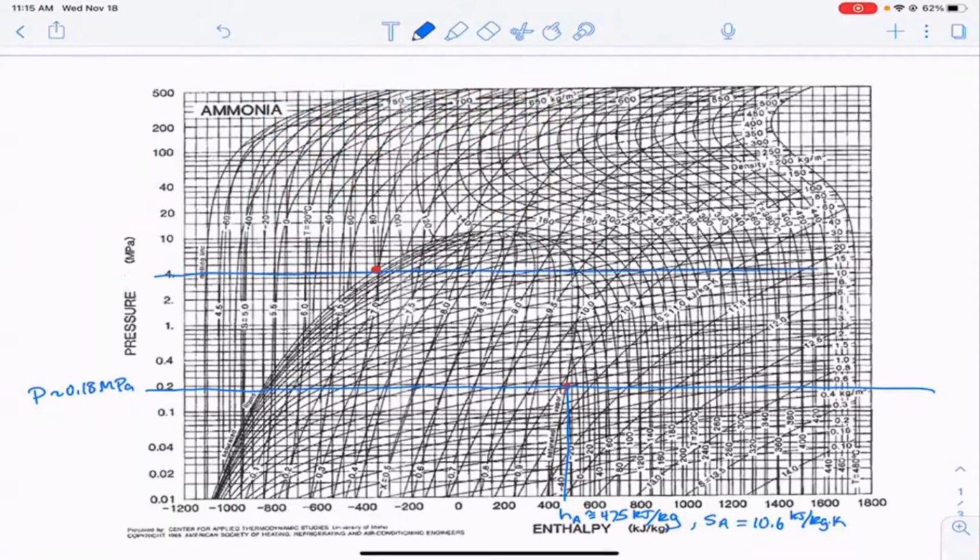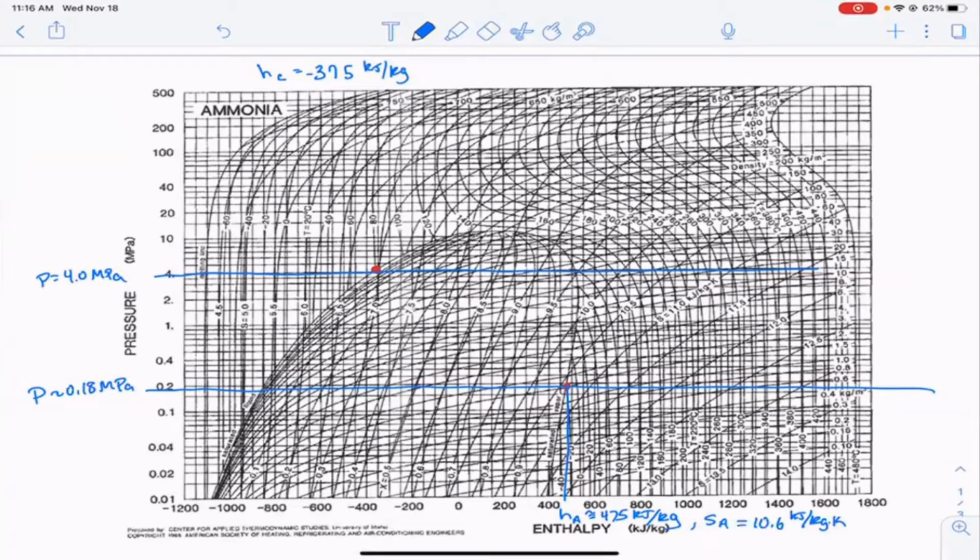There we go. That line's better. So at 80 degrees C, we know that the pressure is 4 megapascals. And again, we can go straight down and measure that the enthalpy at C is approximately minus 375 kilojoules per kilogram.